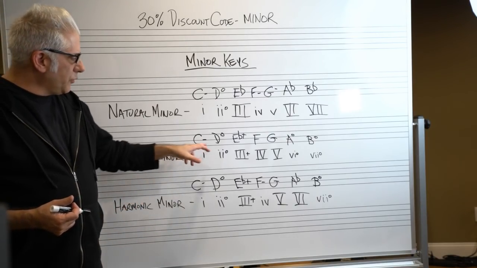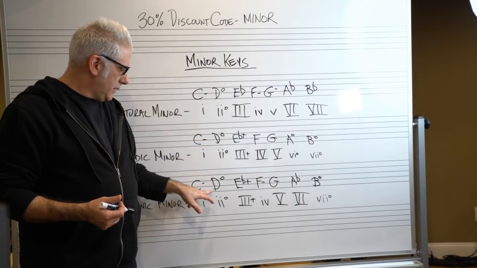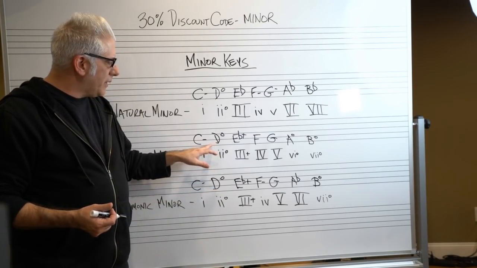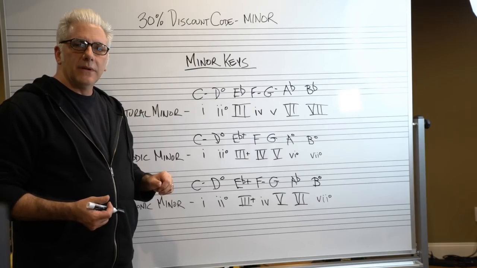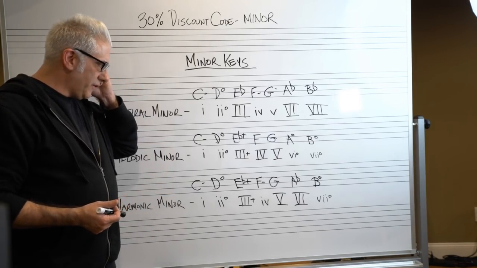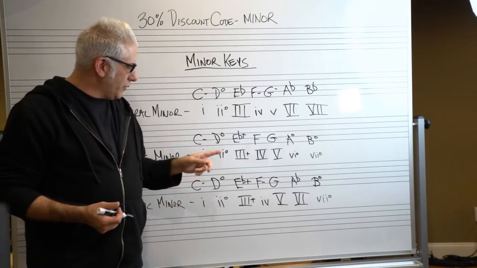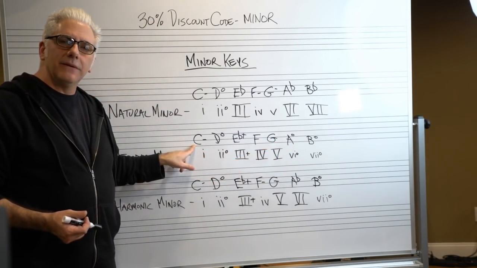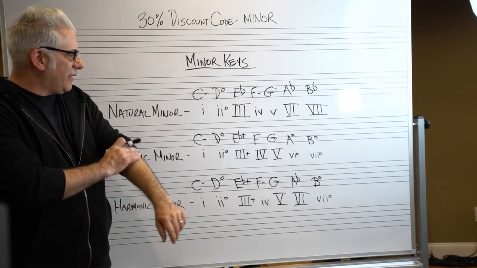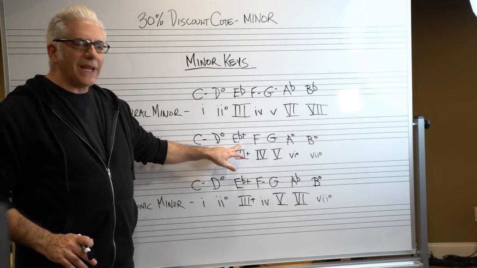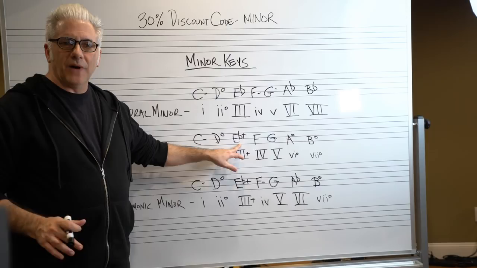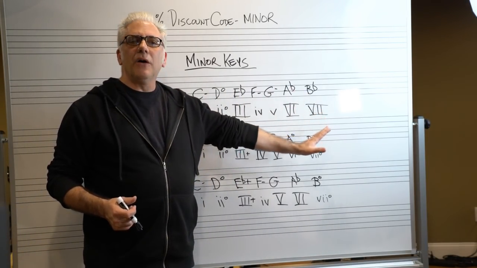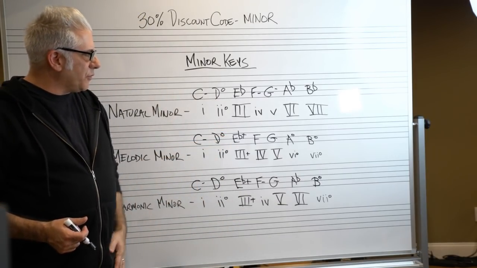The 2 chord in here is a minor 7 with a flat 5. So you've got D, F, A flat, C. That would be D minor 7 flat 5. This 3rd chord would be E major 7 sharp 5, or E augmented major 7. So there's a different formula for these if they are 7th chords.